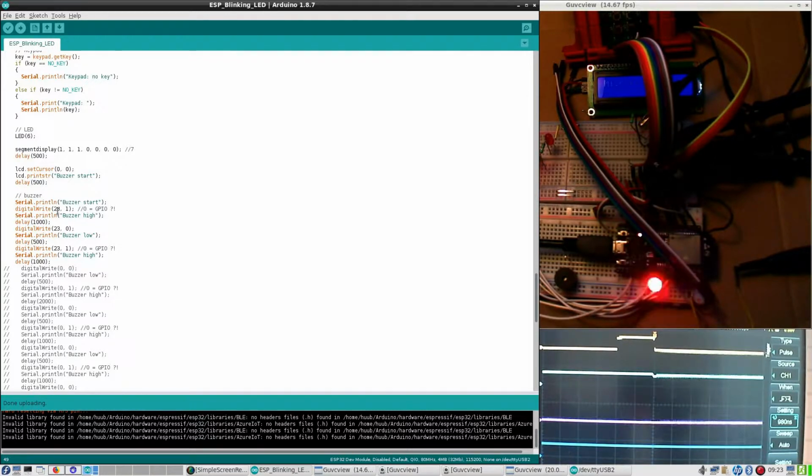So the very big question is, why doesn't it work? Oh, now it is working. Wait, or is it? No, it's not. It is not working. It's receiving a signal from the keypad.